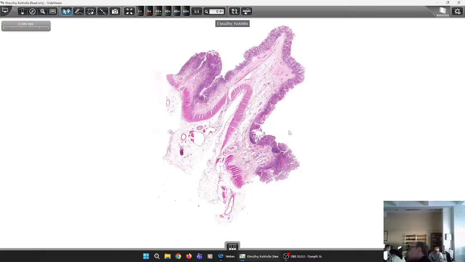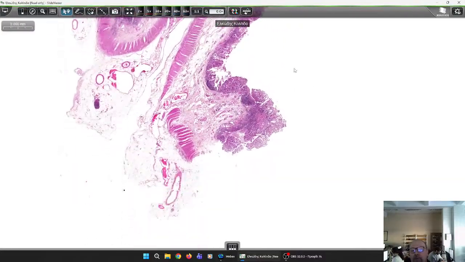However, as you can see, it does not affect the other layers of the large bowel wall. Look, all inflammation is confined to the mucosa. The submucosa is free of inflammation, and so are the muscular layer and the subserosal fat.